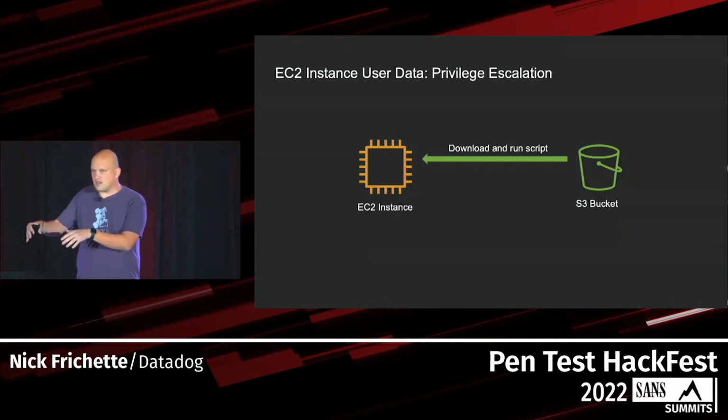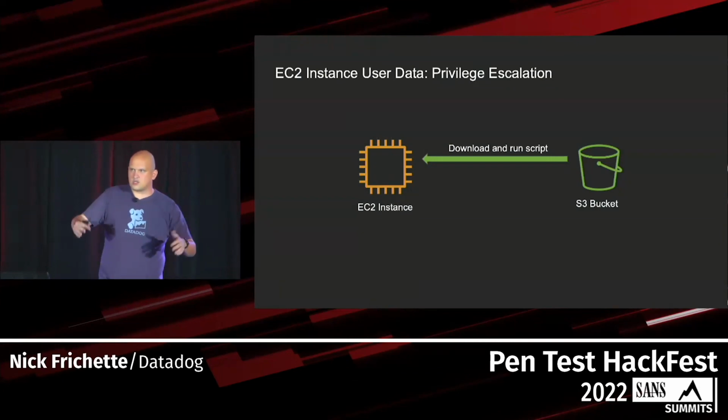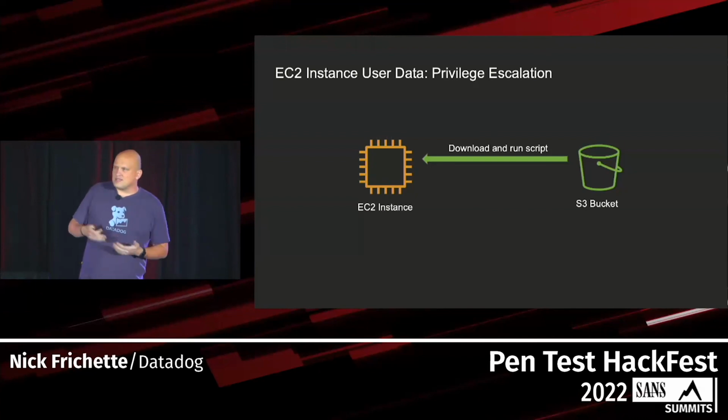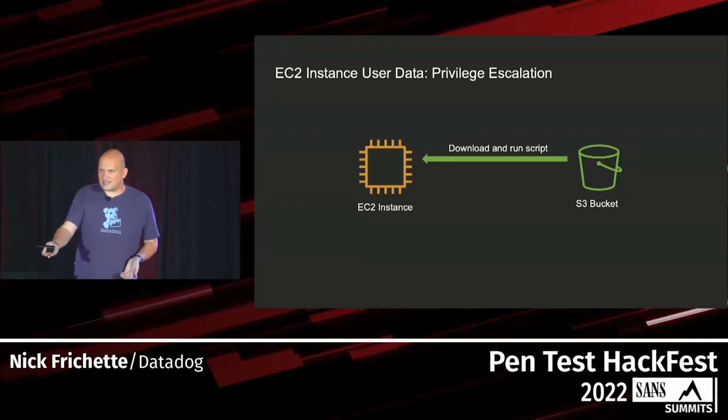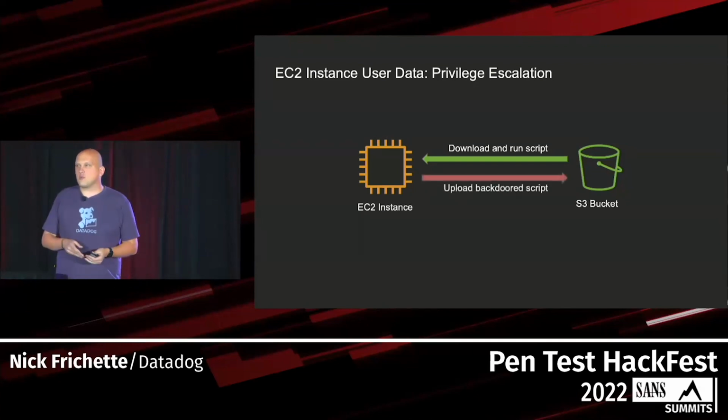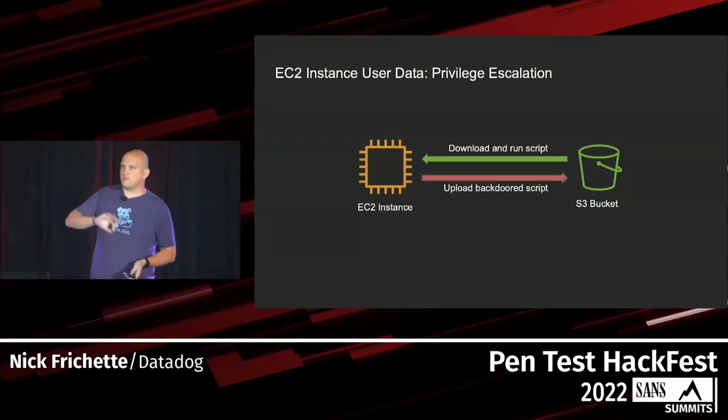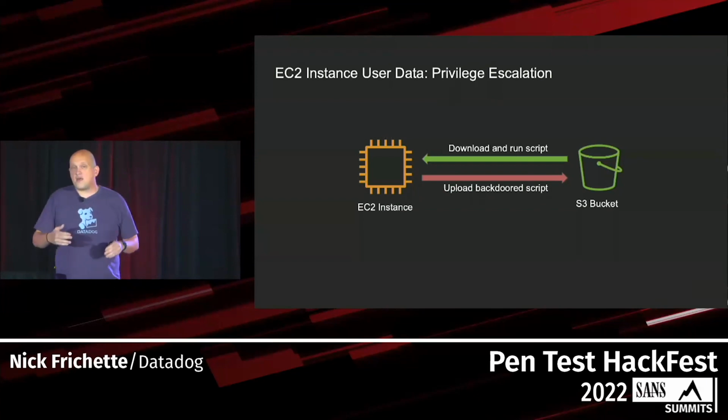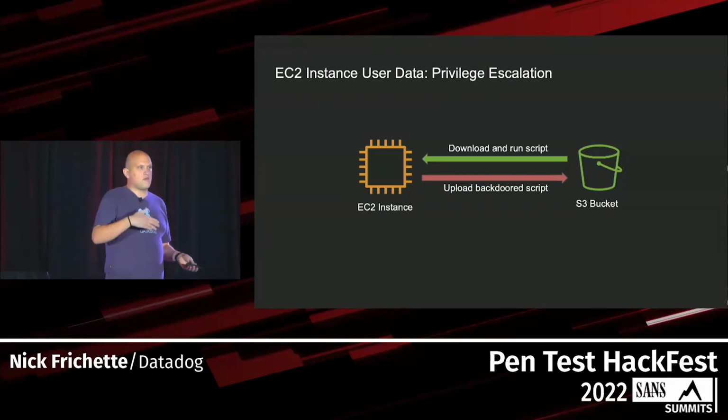You just update that thing in S3, and all subsequent invocations are updated. The problem, as we saw with the real world example, is sometimes when developers want to provide read access to something, they also provide write access. And you may be in a situation where you could pull down that script, backdoor it, and push it back into that S3 bucket. And then all subsequent invocations will have you running code as root on those hosts.